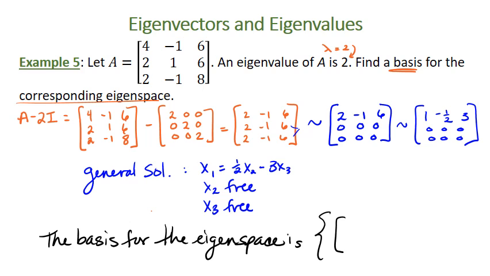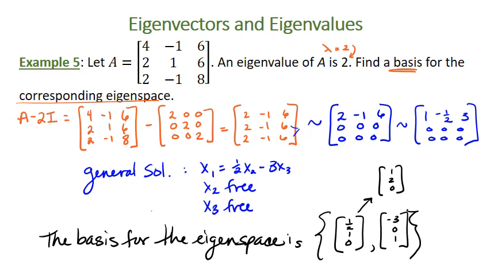Okay, so values for x2 would be 1/2, 1, and 0. And then for x3, -1, 0, and 1. If you do not like that fraction, that's fine. You can let x2 be 2, and then you would have 1, 2, 0 instead. Okay.